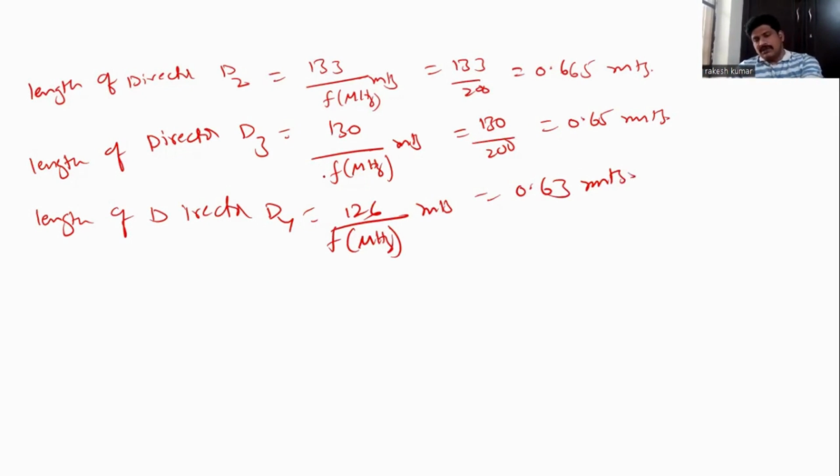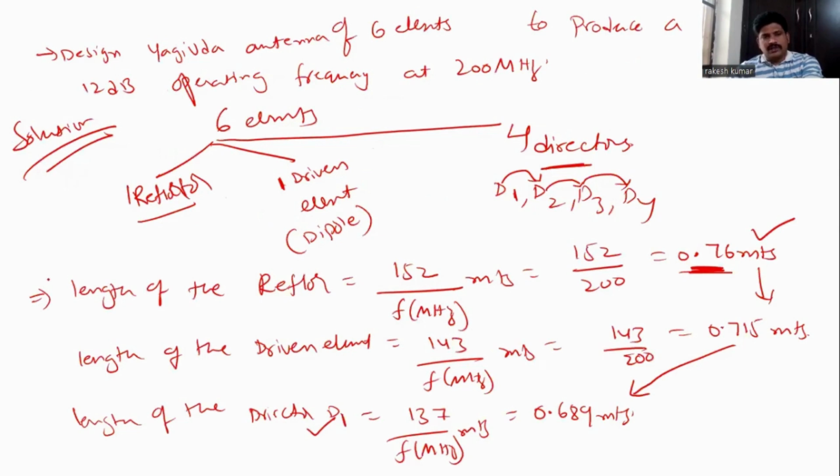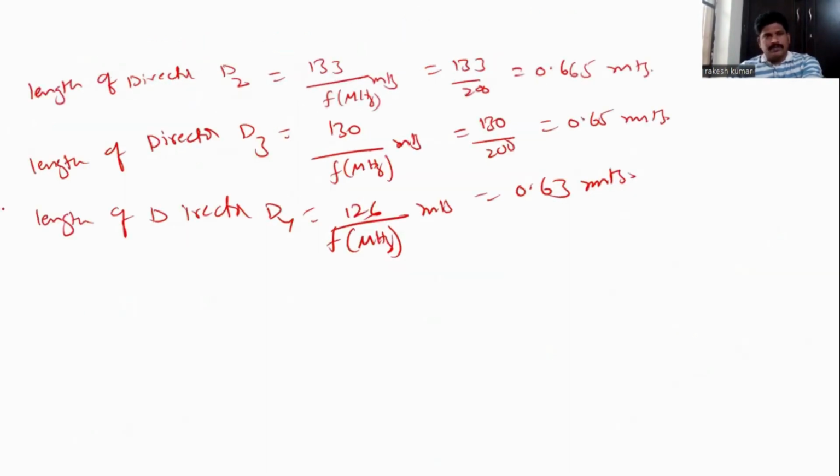Okay, so these are all the things. Totally 6 elements are there. What are the 6 elements? This is the first element, second element, third element, fourth element, fifth element, sixth element. Okay, now we'll calculate the separation.